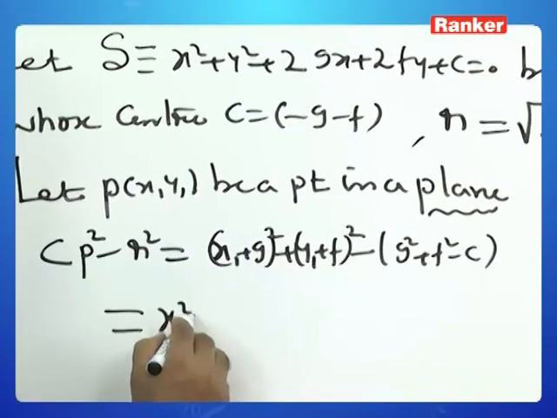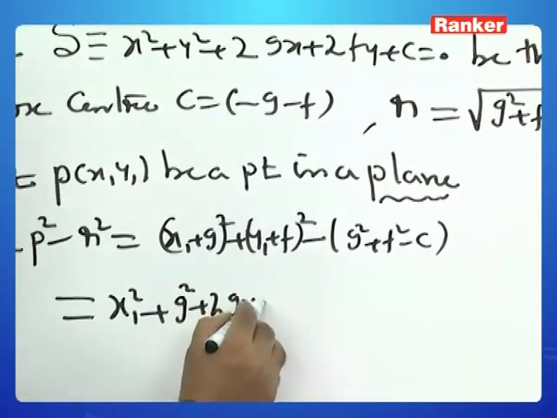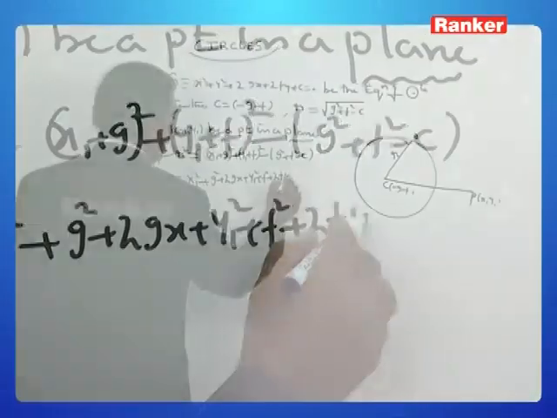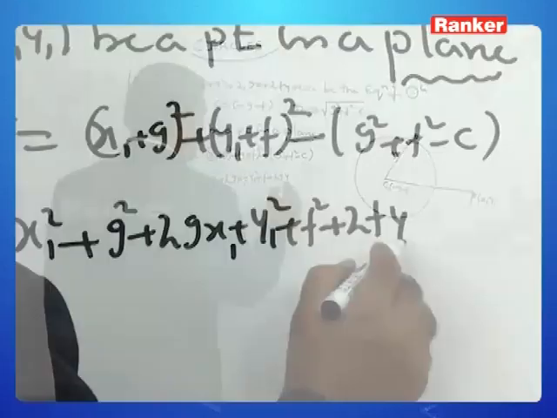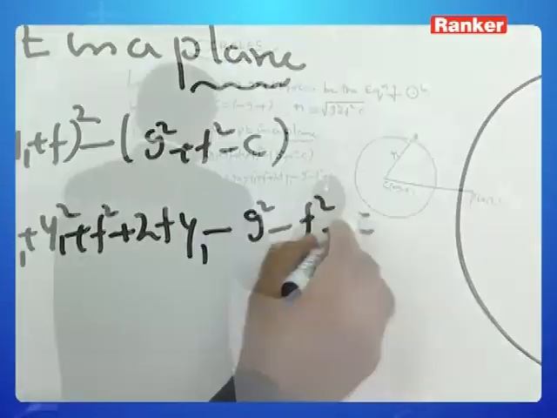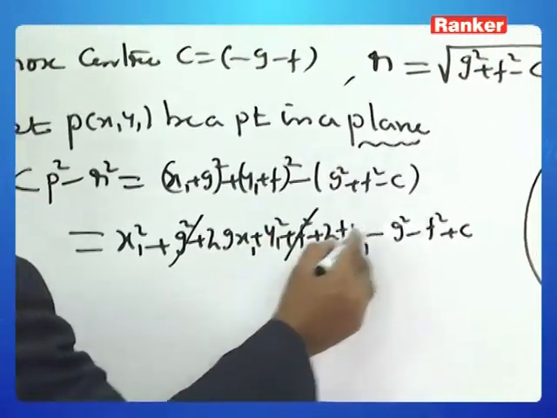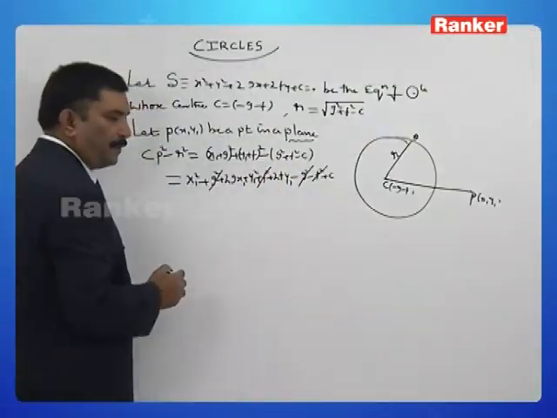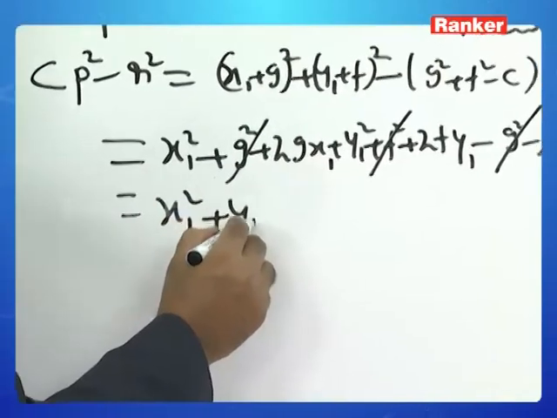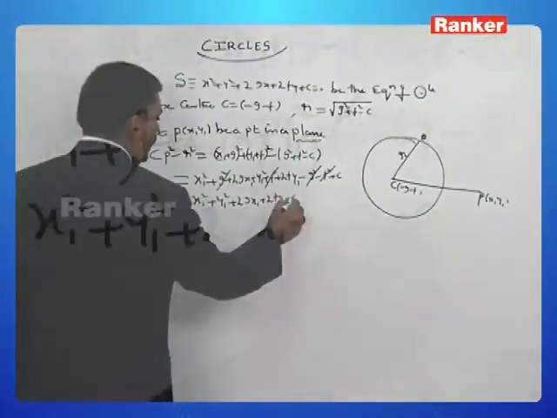This is nothing but x1 square plus g square plus 2gx1 plus y1 square plus f square plus 2fy1, minus g square minus f square plus c. Correct or not? So now this term and this term get cancelled. We are left with x1 square plus y1 square plus 2gx1 plus 2fy1 plus c.